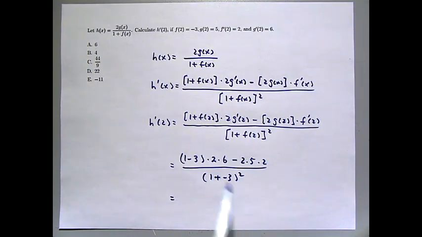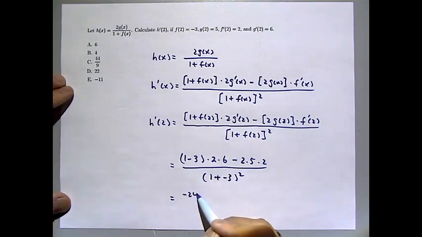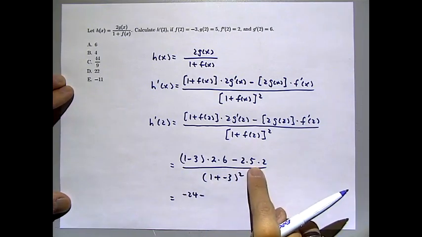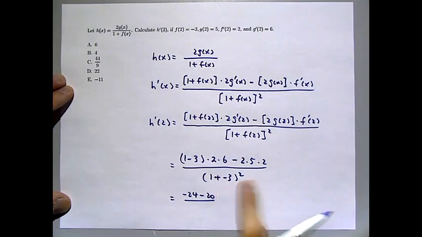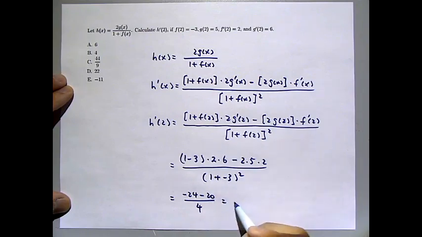Okay, at the end we get, this is a 12 times negative 2, that's minus 24, minus 20, all divided by negative 2 squared, that's a 4, right? So minus 44 over 4, minus 11.